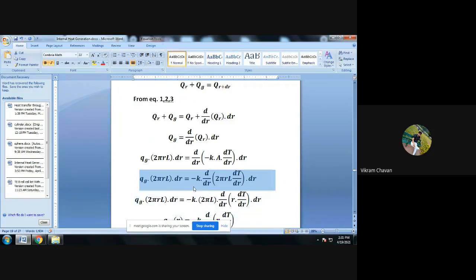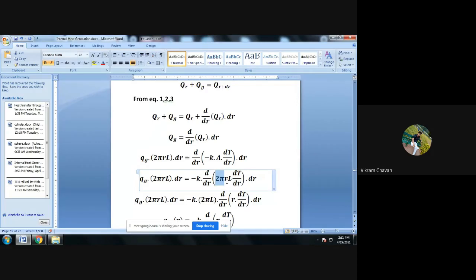Over. Now next we have to take 2 pi L out of the bracket, because these are constants. But R we can't take out of the bracket because we are taking the differentiation with respect to R, so R is not constant.